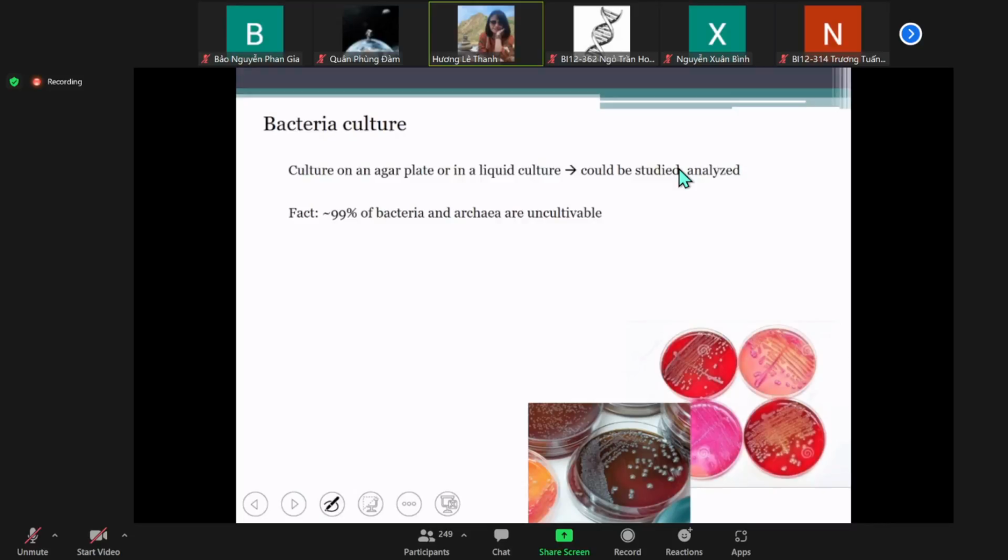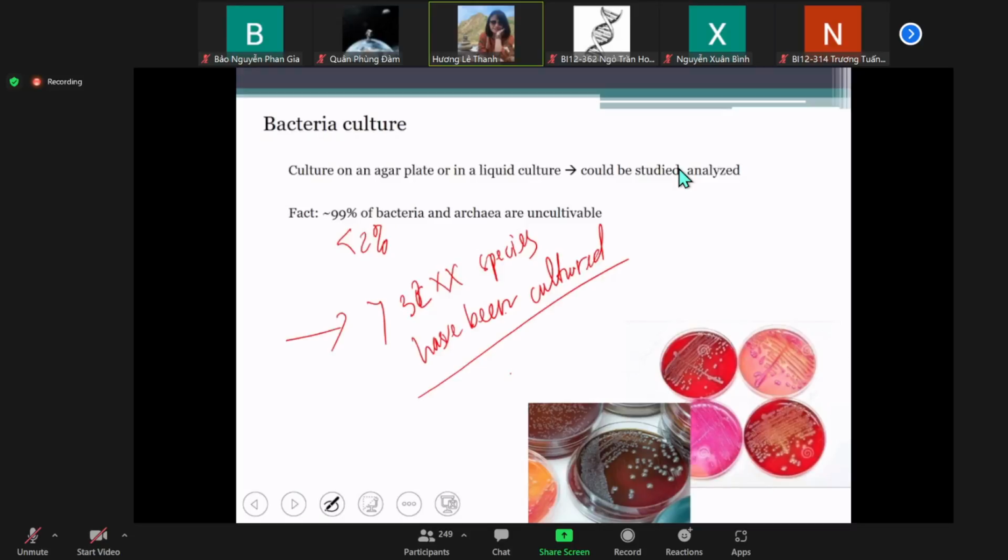Actually, we can say that less than 2% of bacteria can be cultured in the laboratory. And up to now, more than 2,000 bacterial species have been cultured. Just only those. The other part is still a mystery because we cannot culture them.